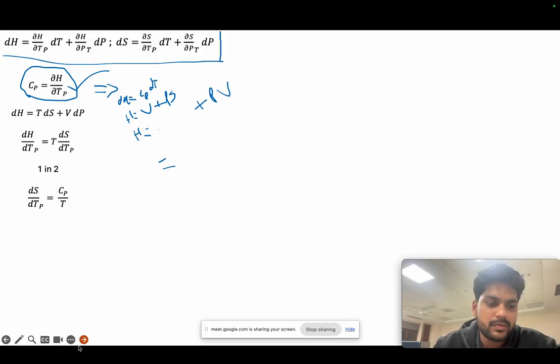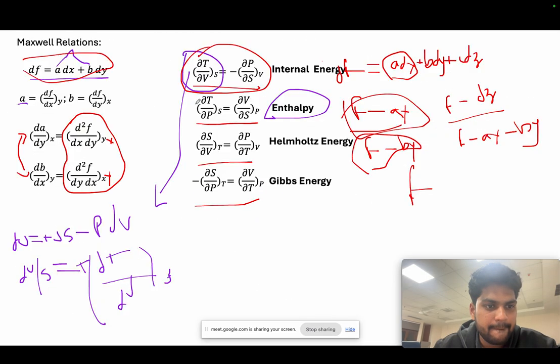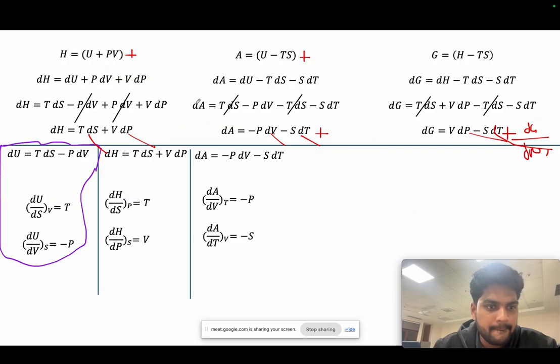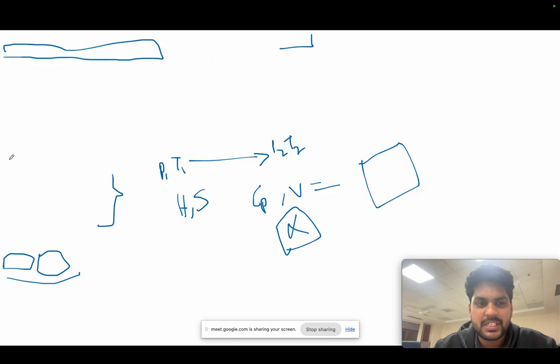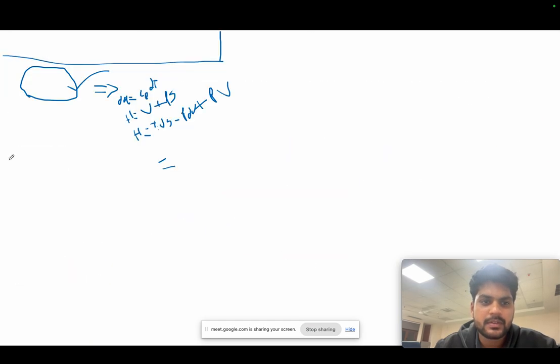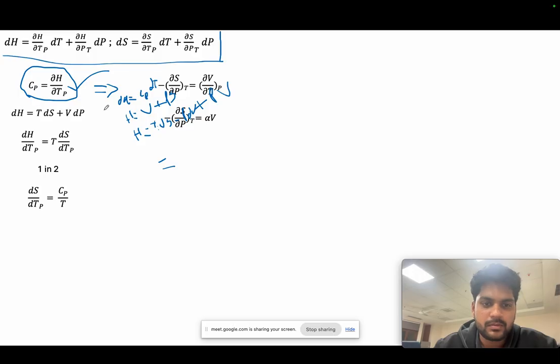Basically, now if I write H, we know that U equal to T delta S minus P delta V. If I take this equation, we already know that dU equal to T dS minus P dV.